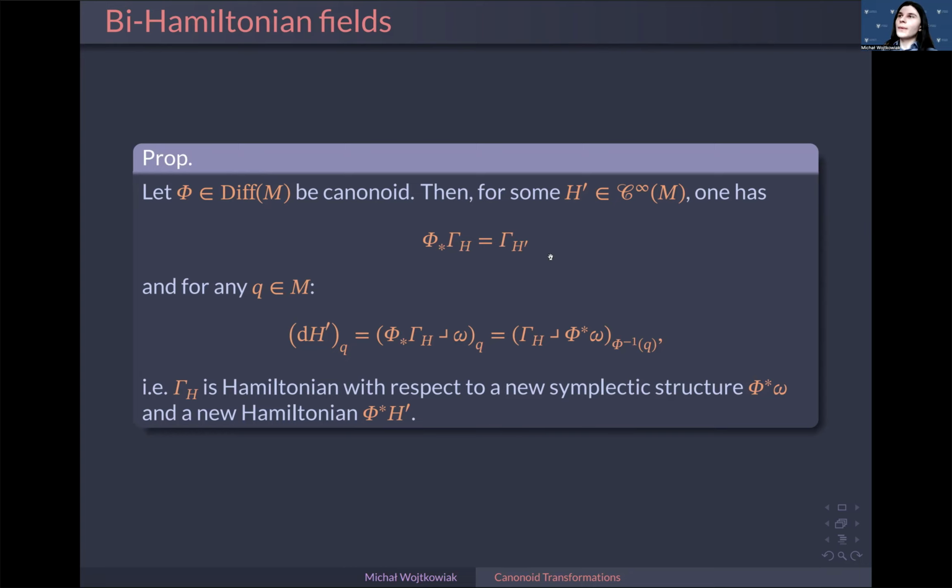So if we have two vector fields associated by a canonoid transformation, then the original vector field is called bi-Hamiltonian because it is Hamiltonian both with respect to the original symplectic structure and with a new symplectic structure, which is the pullback of the symplectic structure by the canonoid transformation. Yes, and I suppose if that happens for every single possible Hamiltonian, then we have a canonical transformation, not a canonoid.